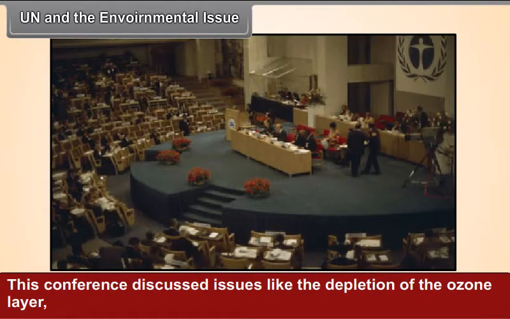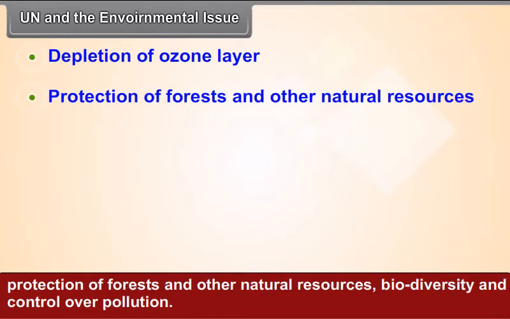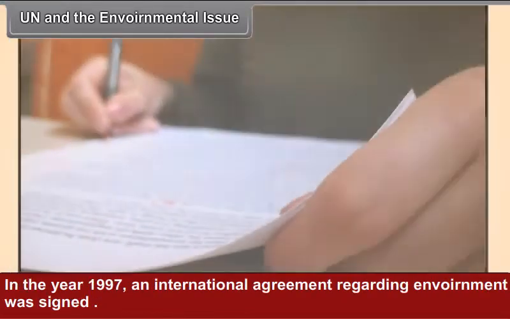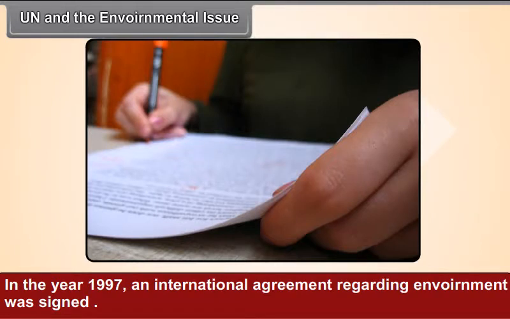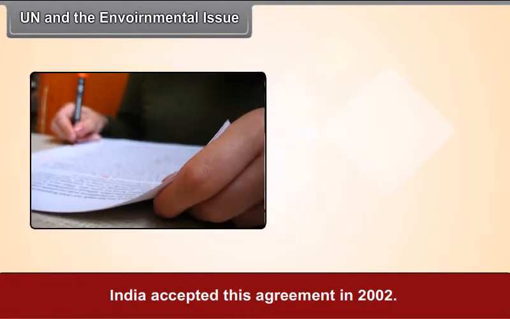This conference discussed issues like the depletion of the ozone layer, protection of forests and other natural resources, biodiversity and control over pollution. In the year 1997, an international agreement regarding the environment was signed. This is known as the Kyoto Protocol.